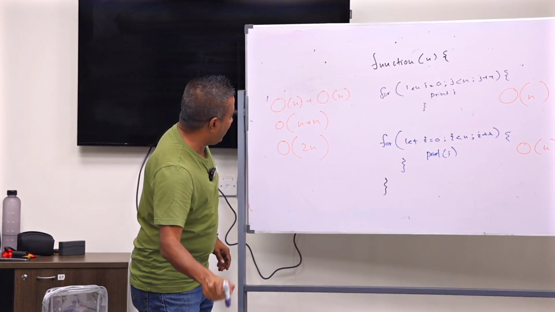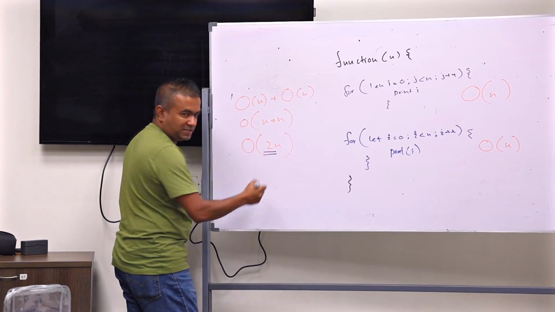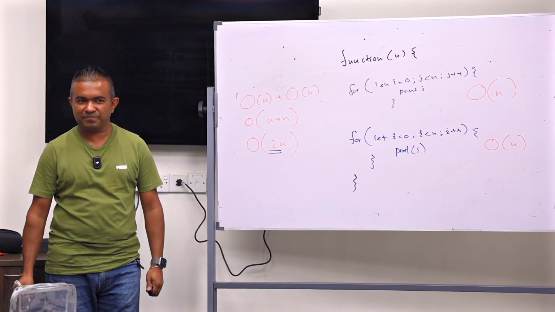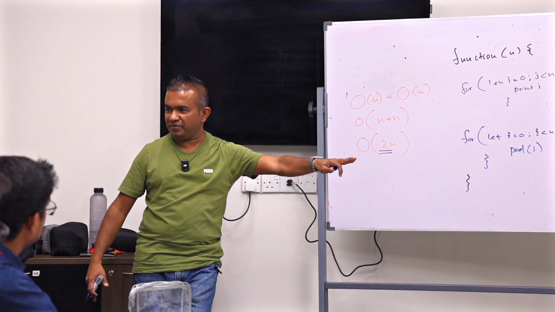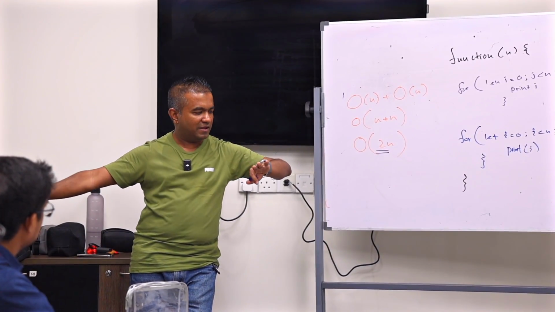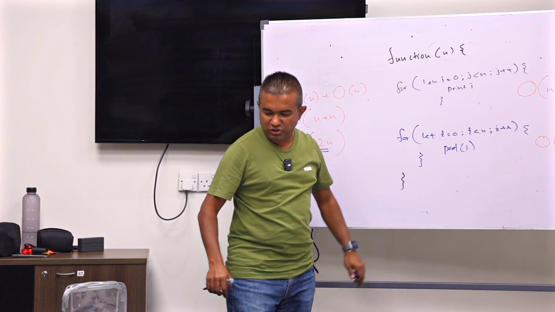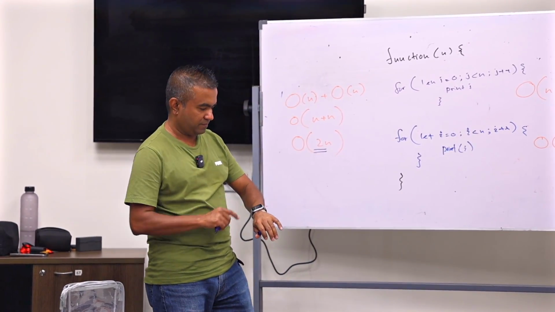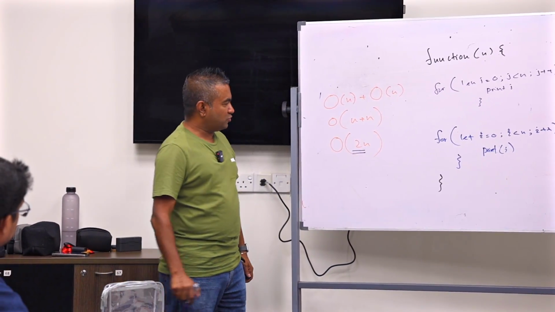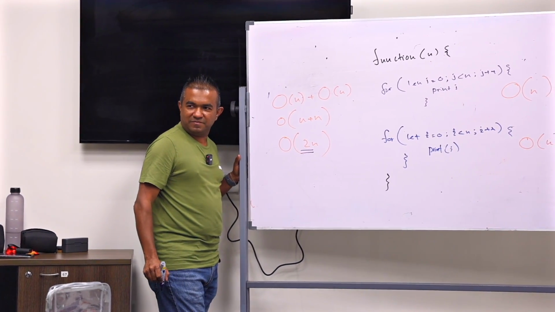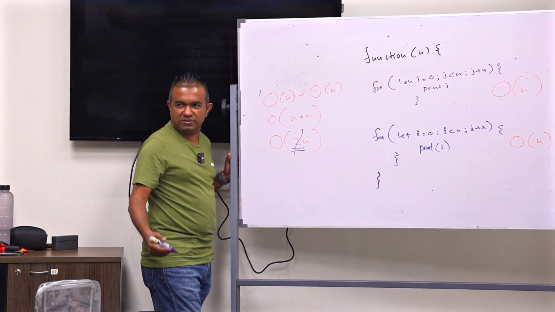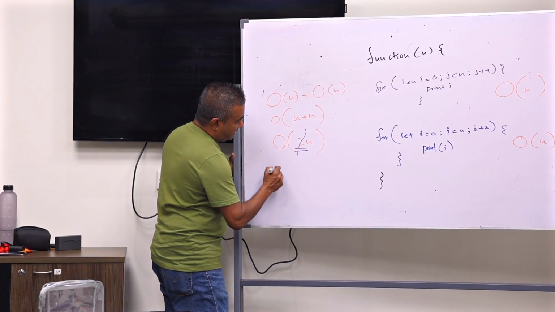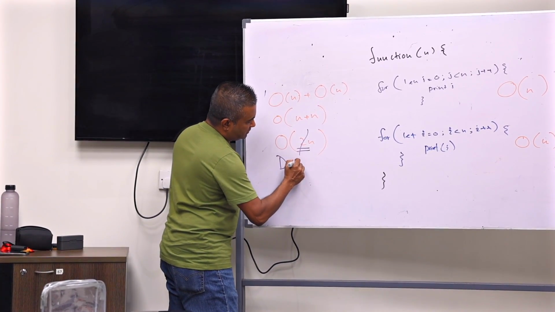But no matter what, this is a constant, it will not change. It can be 3, it can be 100, it can be a million, but for the program it will not change. Since this is a constant, we can forget about it, because since it's a constant you do not write it. This technique we call drop constant.